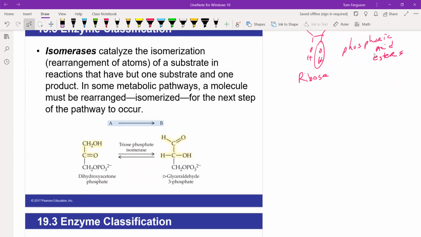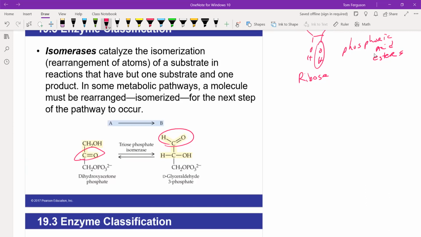Isomerases are probably the simplest ones. Basically, an isomerase just changes the position of the functional group within the molecule. For example, here we have the carbonyl in the middle. Here we have the carbonyl on the end. To move those around is a complicated reaction from a mechanism standpoint, but it's easy for an enzyme because they're already set up to do that.